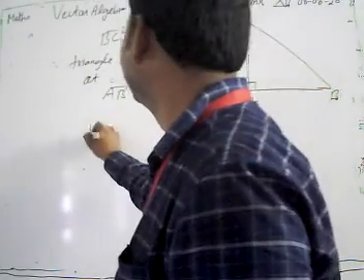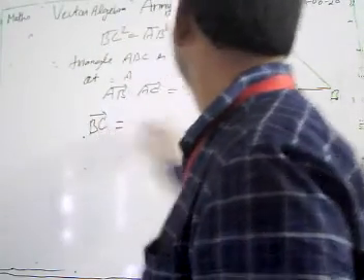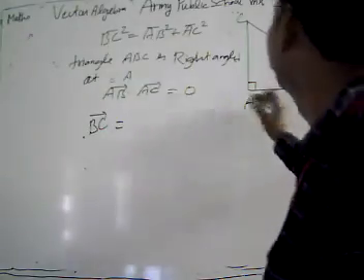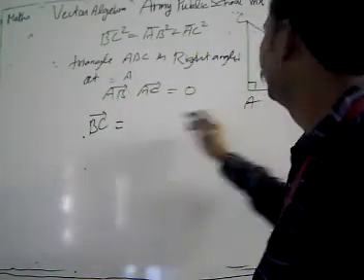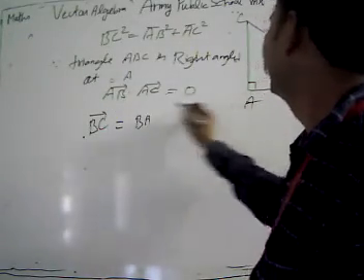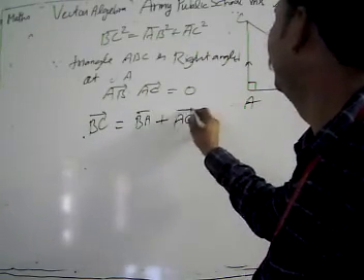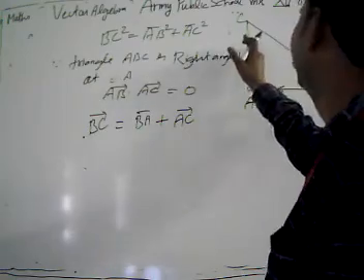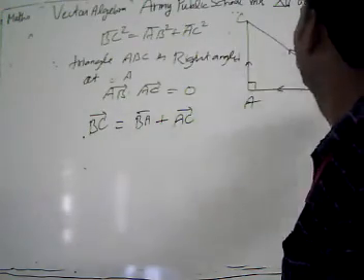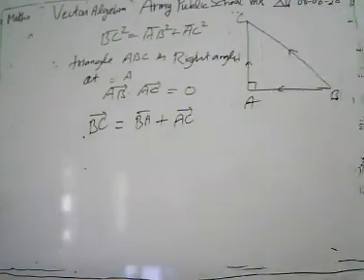Now look, we start with our triangle. How can we represent our BC? BA plus AC is equal to BC. This is our triangle law.